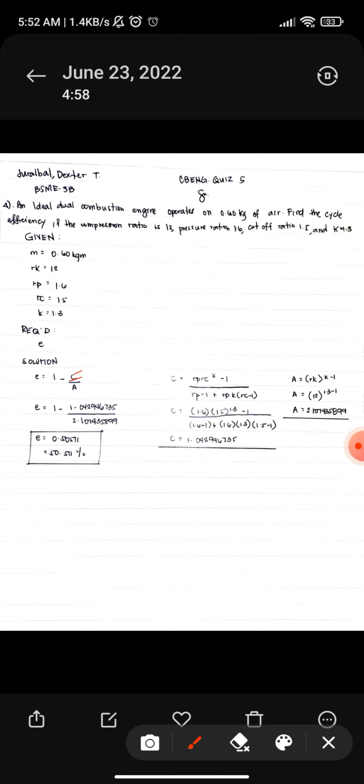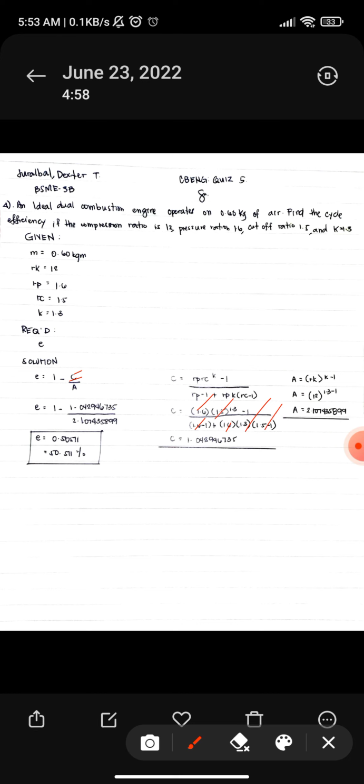So, substitute lang tayo ng ating mga value na Rp equals to 1.6, Rc na equals to 1.5, and K na 1.3 minus 1 over Rp na 1.6 minus 1 plus Rp na 1.6 times K na 1.3, Rc na 1.5 minus 1.